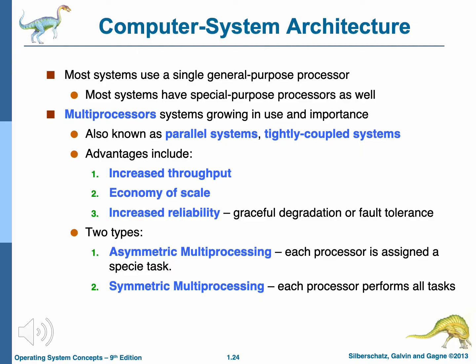This arrangement relieves the main CPU of the overhead of disk scheduling. PCs contain a microprocessor in the keyboard to convert keystrokes into codes to be sent to the CPU.